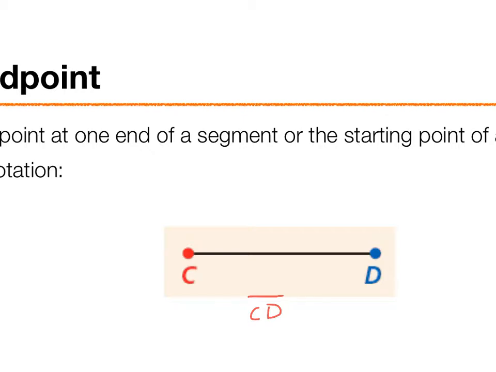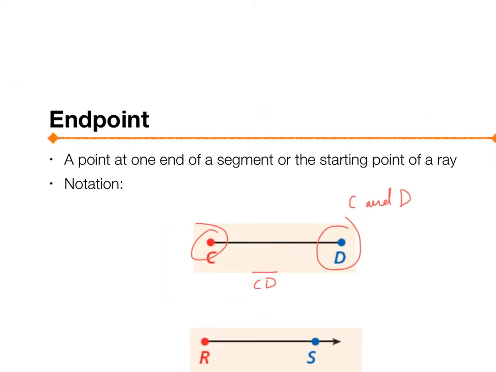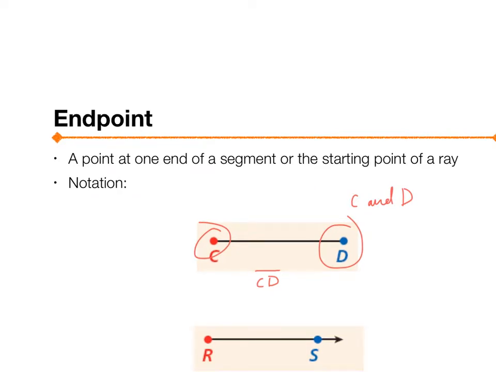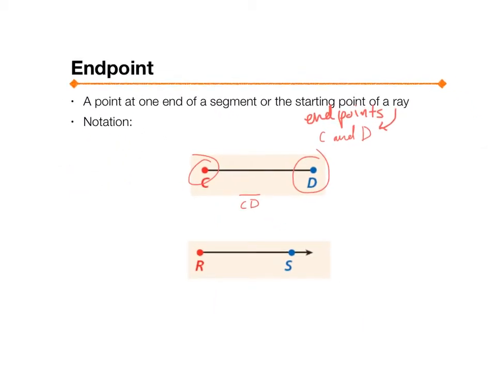So an endpoint of this segment would be C and D. So this segment has 2 endpoints, which is where it stops here and where it stops here. So the endpoints are C and D. We're going to come back to the one on the bottom.